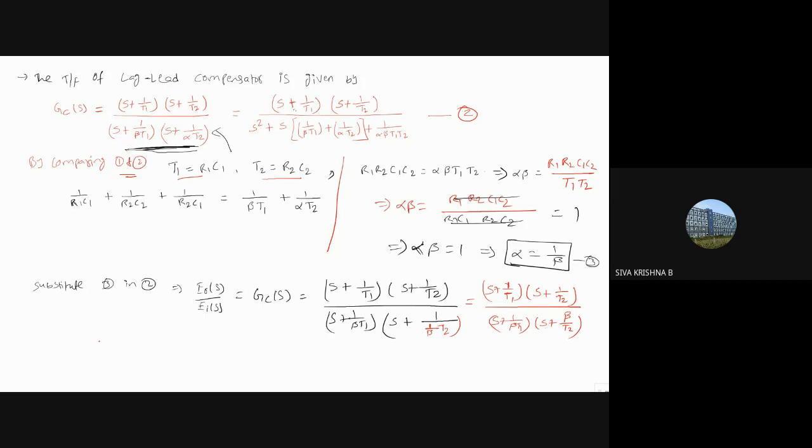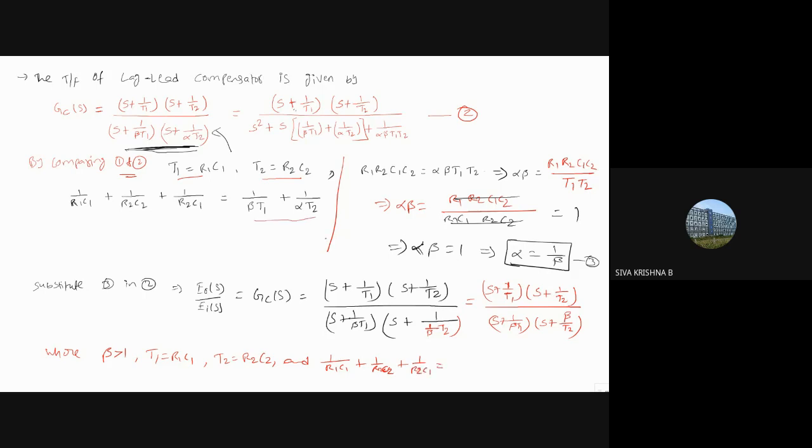Here beta is always greater than 1. That means T1 is R1C1, T2 is R2C2, and 1 by R1C1 plus 1 by R2C2 plus 1 by R2C1 equals this.